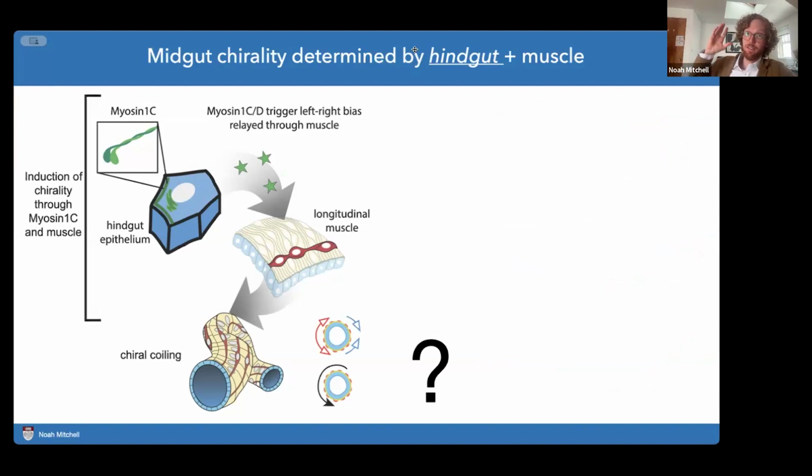So the circular muscle is contracting a lot, starting just before coiling begins, and I'll explain that in depth. The longitudinal muscle also seems to have calcium pulses. This was not clear until we started developing an ex vivo culture platform and other things I don't have time to talk about. But they don't seem to be actuating any appreciable contraction.